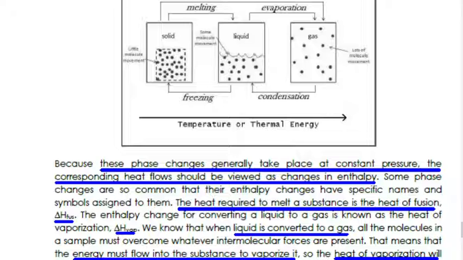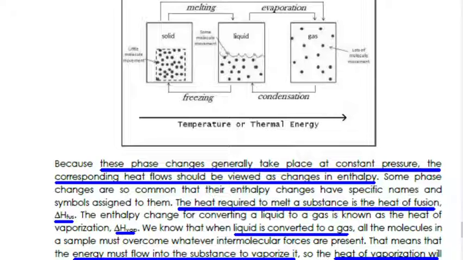And then the counterpart of heat of vaporization is the heat of condensation, which will have a negative sign. So as mentioned here, the values of enthalpy change in opposite directions have the same numeric value and differ only in their signs.